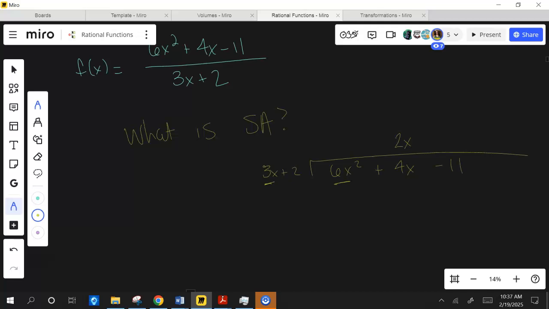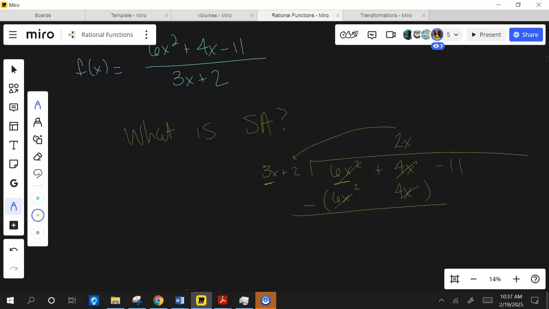Now I multiply around, but whenever I multiply around, I multiply to everything. 2x times 3x, 2x times 2, and remember I'm subtracting all of these things, yes? 6x squared, 6x squared.